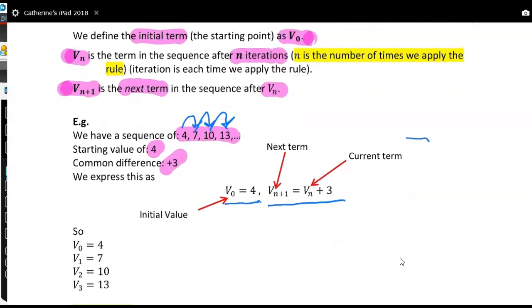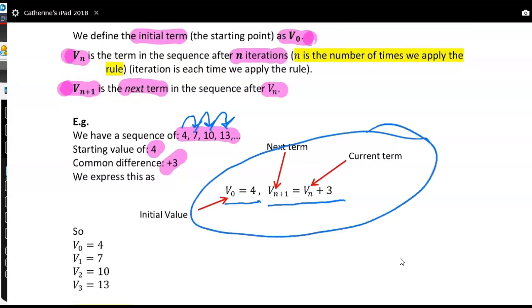We have to write the entirety of it, both the starting point and the rule that links this term to the next term. If we don't have that, then it doesn't make any sense. If you just have this rule that links them, it won't make any sense. We don't know where we're starting from. We have to have both parts because this is a recurrence relation.